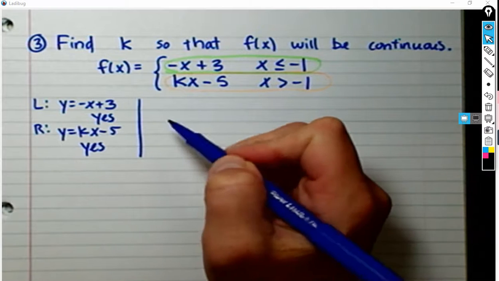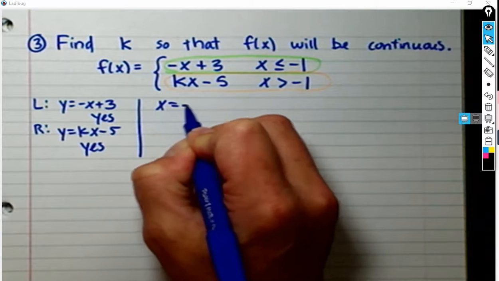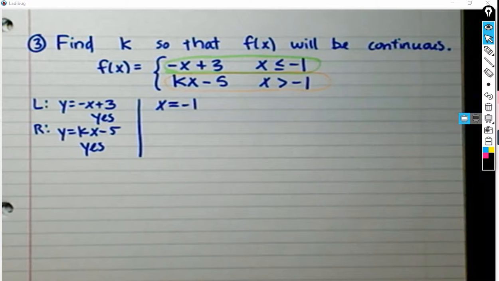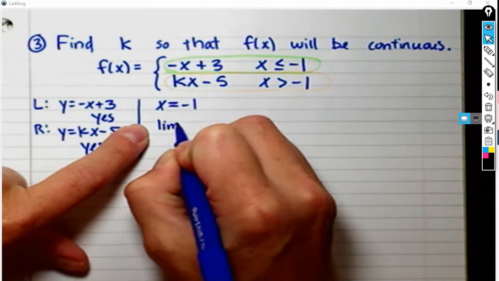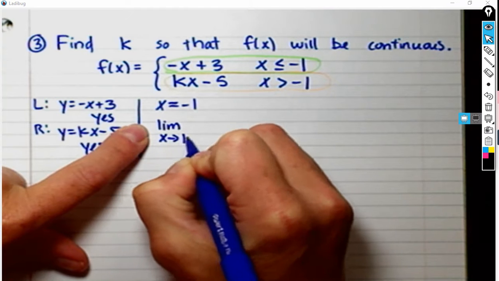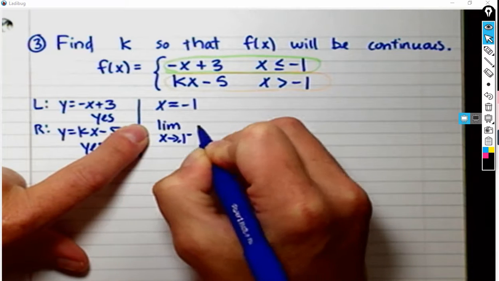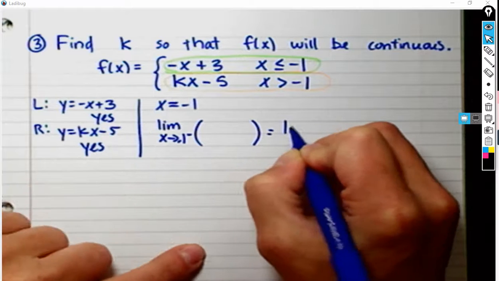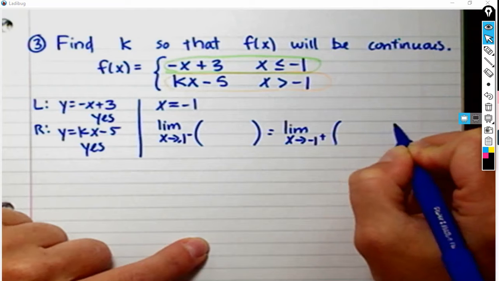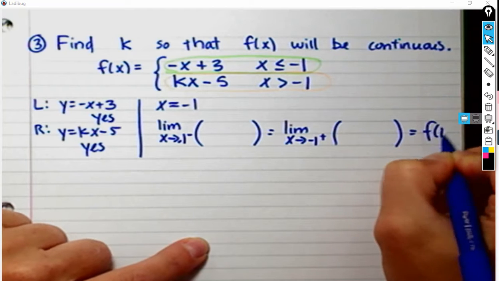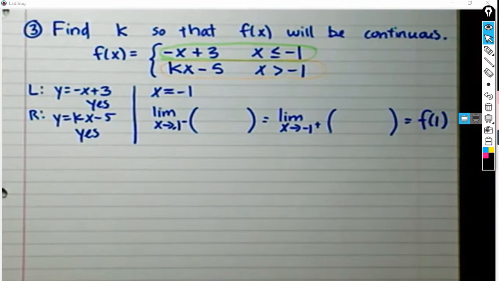All right, now we have the transition. So I've got my limit statement, right? I had it at the beginning. The limit as x approaches negative 1 from the left, and the limit as x approaches negative 1 from the right equals, right, that's my statement. The left, the right, the point.